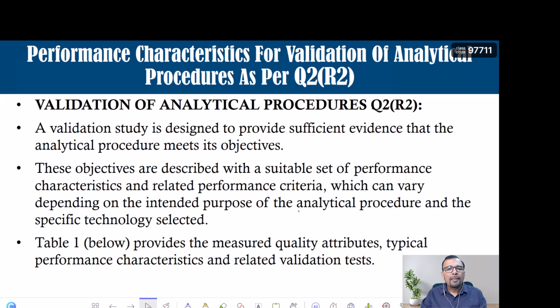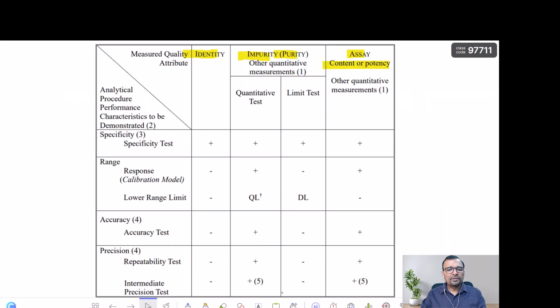I hope you can now see the complete table. Earlier it was not the full table, so I zoomed out a little so that the table can be seen clearly and completely.